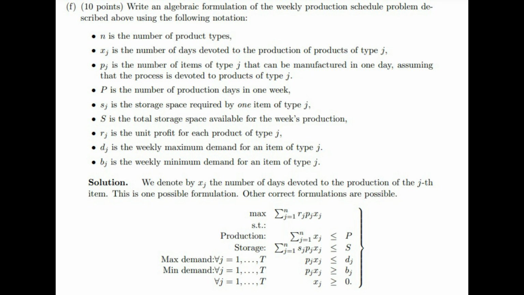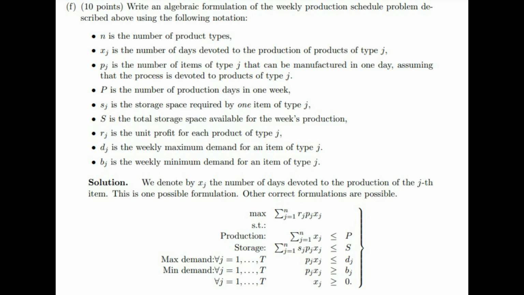P is the number of production days in 1 week. Sj is the storage space required by one item of type j. S is the total storage space available for the week's production. Rj is the unit profit for each product of type j. Dj is the weekly maximum demand for an item of type j, and Bj is the weekly minimum demand for an item of type j.